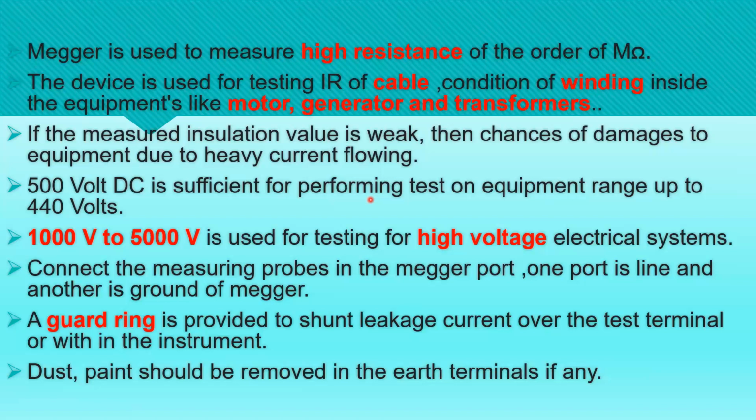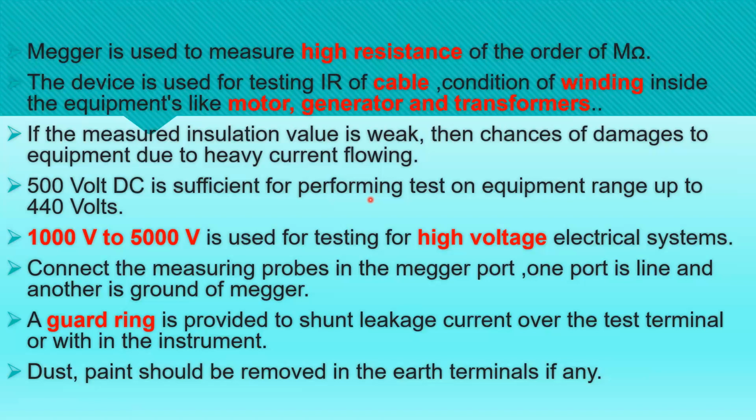If the measured insulation value is weak, there are chances of damage to equipment due to heavy current flowing. When insulation failure occurs, heavy current will flow and that will damage the equipment.